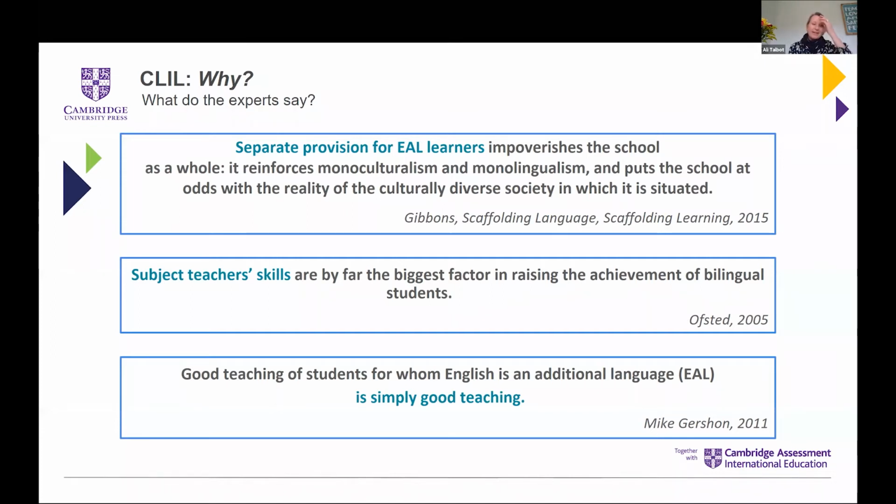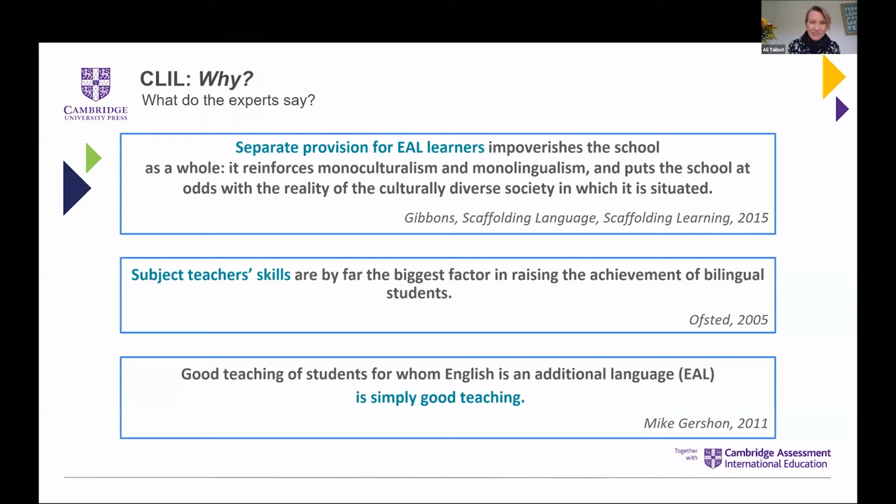The second one is by Ofsted. So often we don't like to see them as being the experts, as teachers. They can often be seen as the enemy. But look at this powerful message. Subject teacher skills are by far the biggest factor in raising the achievement of bilingual students.